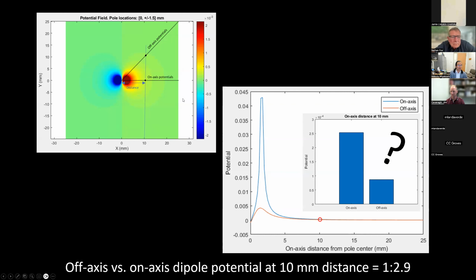And this is the comparison between the on-axis potential and off-axis potentials. And this is, by the way, the simulation I ran. Not surprisingly, the on-axis measurement shows much larger potential at around this point, and that gradually decays this way. The off-axis is not that big, so there is not much benefit of the off-axis measurement.